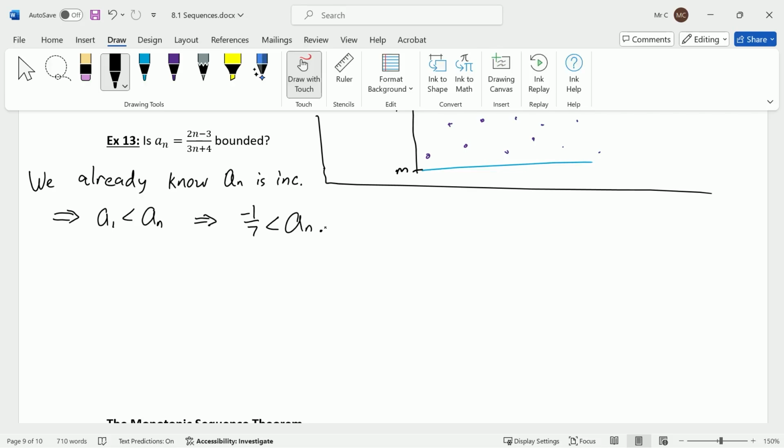What else it tells us is that if the sequence is increasing, it also implies that the terms of the sequence are all smaller or equal to the limit as n goes to infinity of those terms. So if we can compute that limit, we'd have an upper bound on this thing. And of course we can compute that limit.